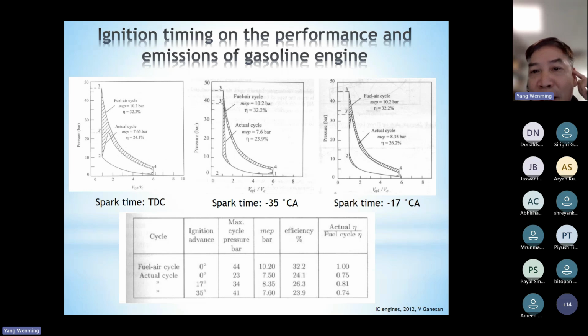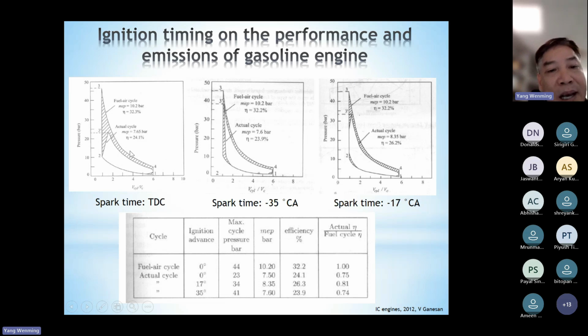So the greater the work done in the compression stroke, the lower the efficiency, because in the compression stroke the work done is not positive, it's negative. So we should minimize the work done in the compression stroke.